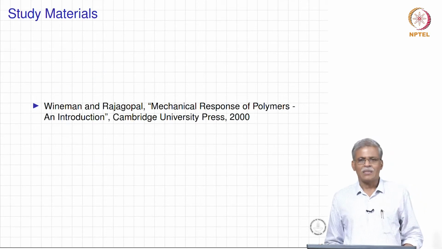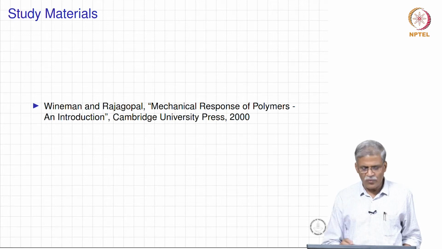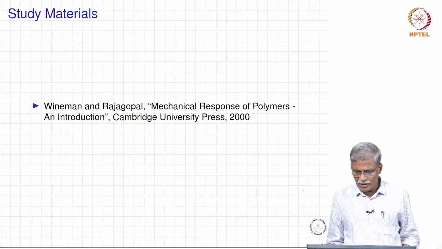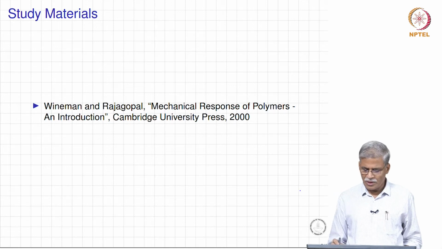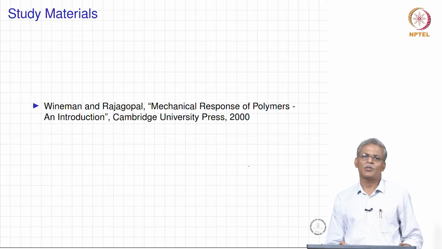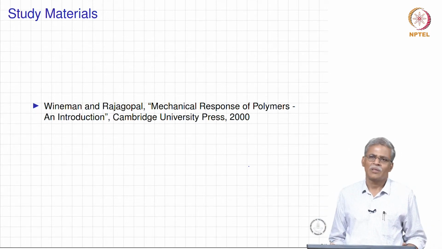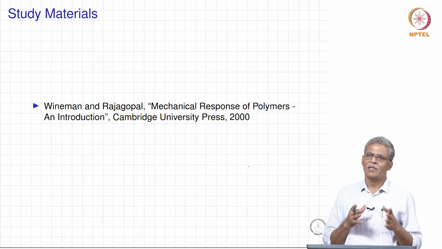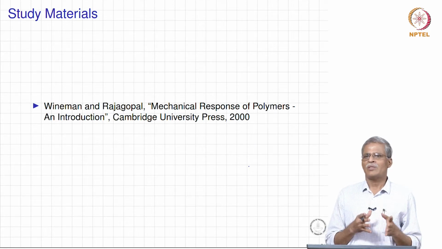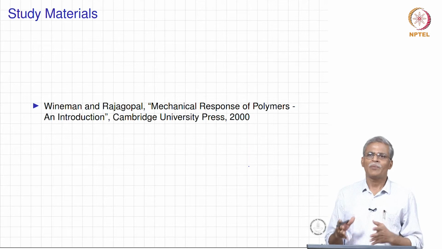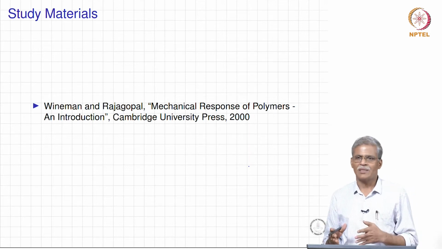And the study material for this will be the book by Wineman and Rajagopal, Mechanical Response of Polymers: An Introduction, Cambridge University Press. There are a few chapters in this book which are used in this particular lecture, and in fact in this lecture we will be introducing the concept of creep compliance and stress relaxation.